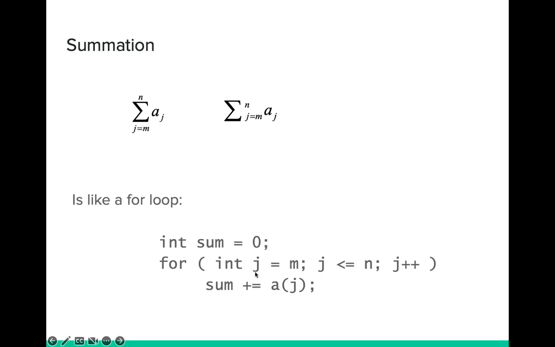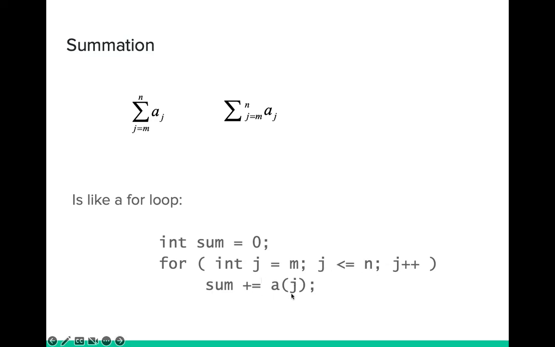So what it means is, while j, we first set j equals m, so that will be the lower limit, and while j is less than or equal to n, so while we have not reached the end yet, j will be the index of the summation.